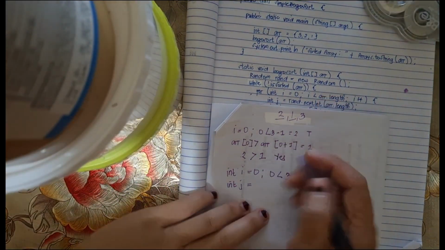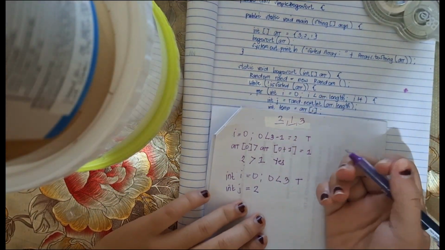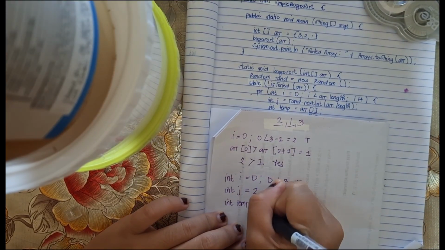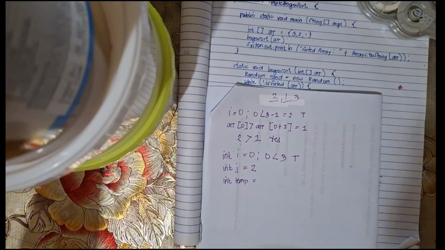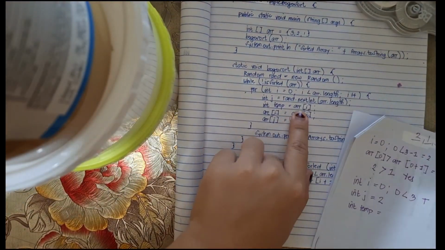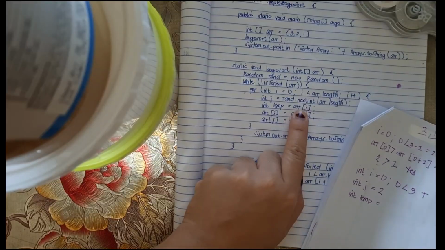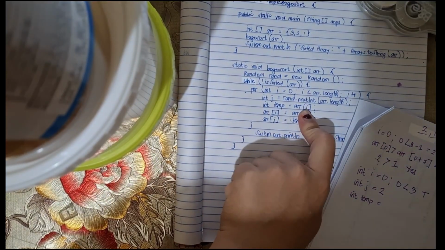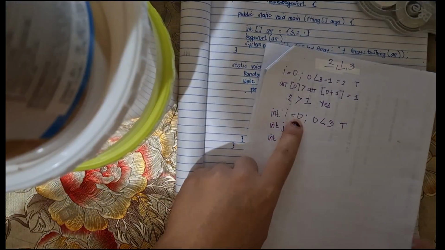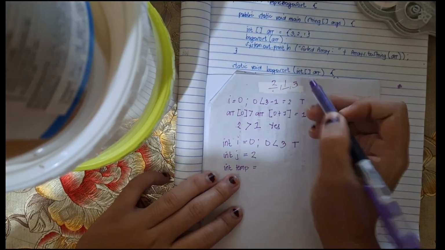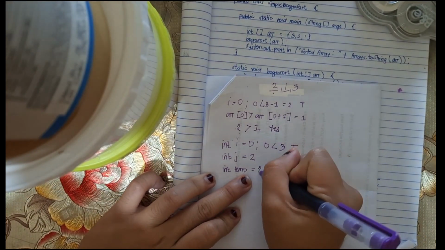So, what we pick is 2. Then, int temp. So, the value of our temp is the value of array[i]. Array index i, the value at i is 0. So, our temp is 2.